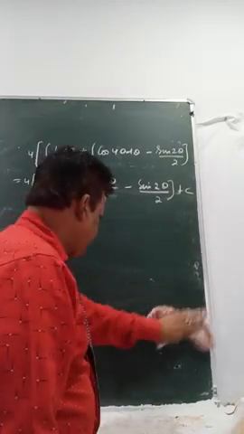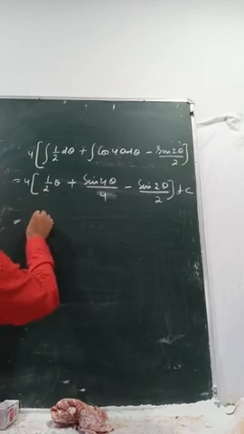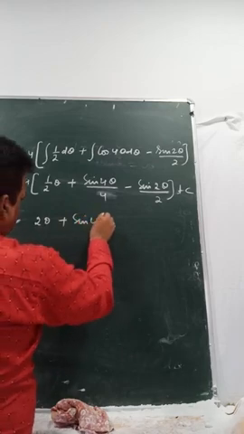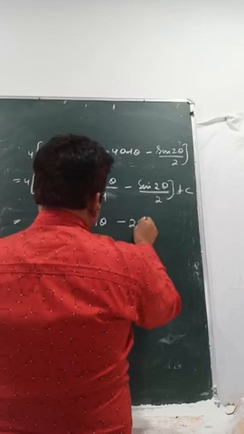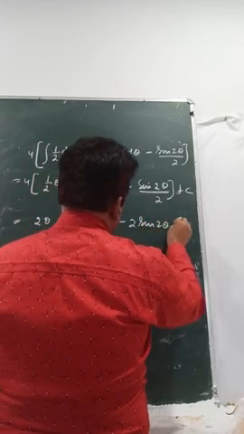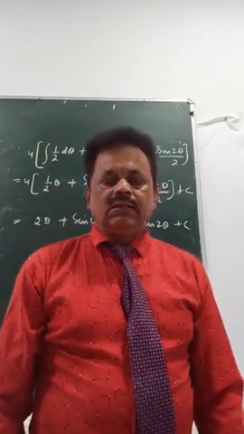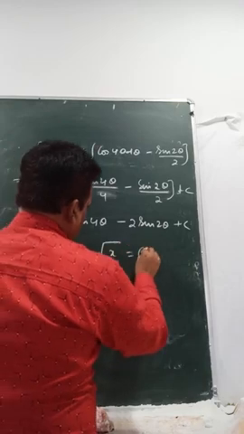So 4 means it is 2 theta. This is sin 4 theta. Then 4 will be 2 sin 2 theta plus c. Your question was not in theta, it was in x. X means you have taken root x is equal to cos 2 theta.